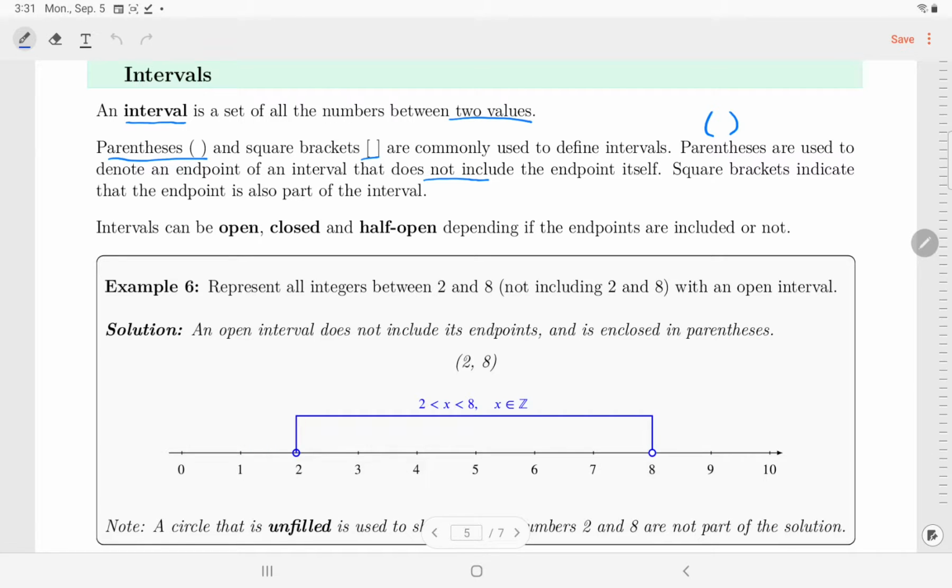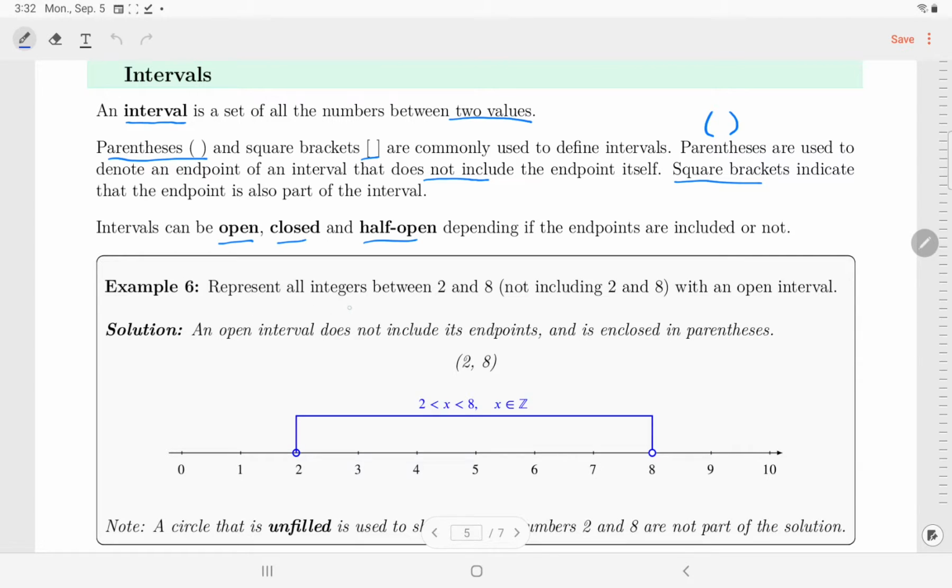And if the endpoint is included in the set, then we use square brackets. Intervals can be open, closed, or half open, depending on the endpoints, if the endpoints are included or not included in the set.